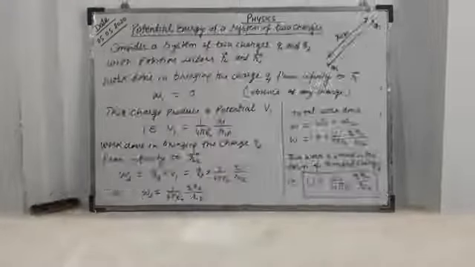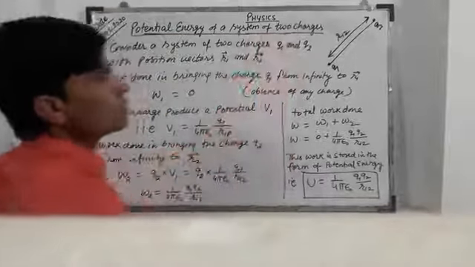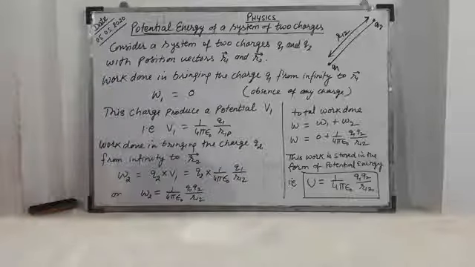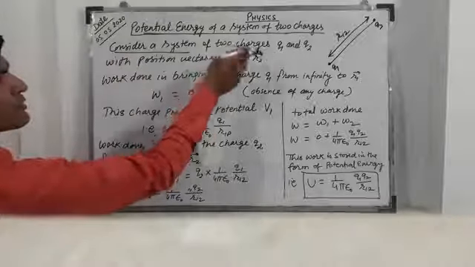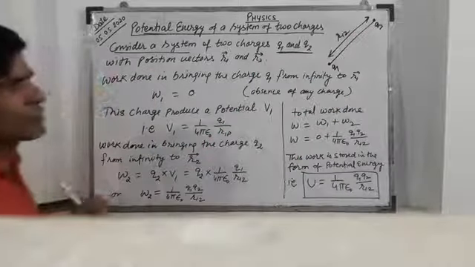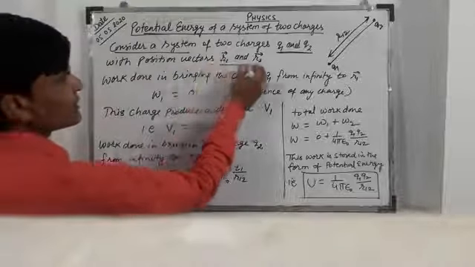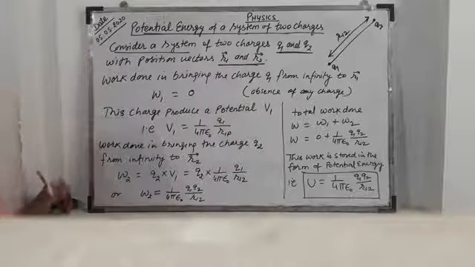Now, the potential energy of a system of two charges. For this, consider a system of two charges Q1 and Q2 as shown in the diagram, with position vectors R1 and R2.